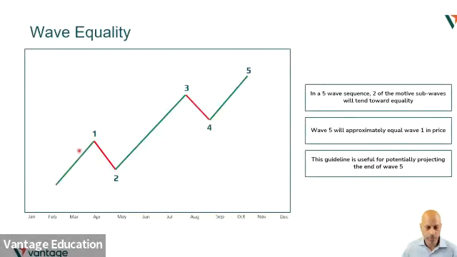Remember, if you assume wave one made 50 pips, and say price started to consolidate and move higher at about 140.50 on dollar yen, then another 50 pips means wave five could end around 150. Right, so that's what this guideline means, and it's quite useful, and that's why this part of the guideline is called wave equality.